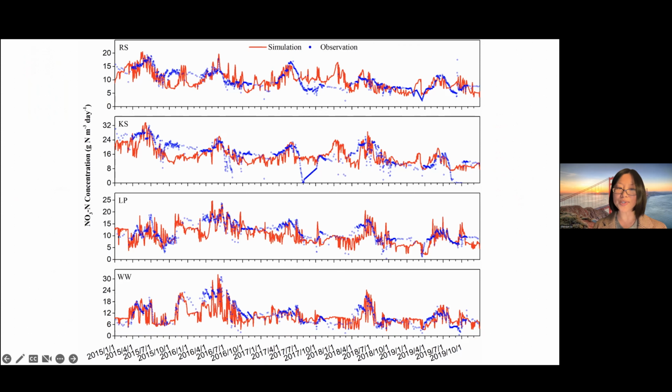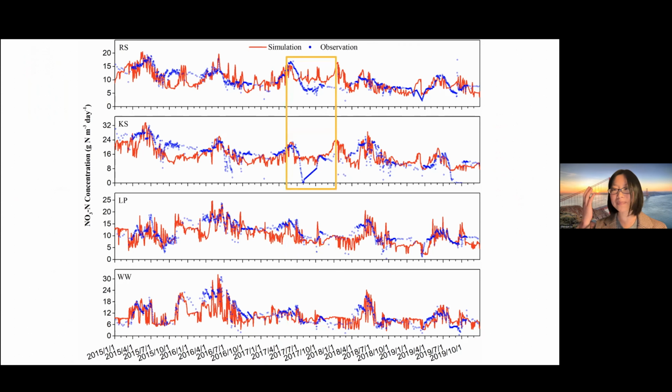But we barely show the nitrate concentration result. So here we are satisfied with these results for those 4 catchments, and we can capture the within-year variation of nitrate concentration. Statistically, the result ranges from satisfactory to very good for the 5-year daily comparison.